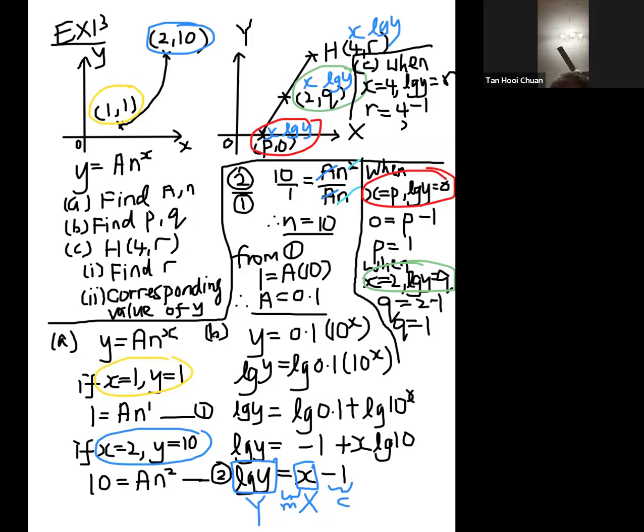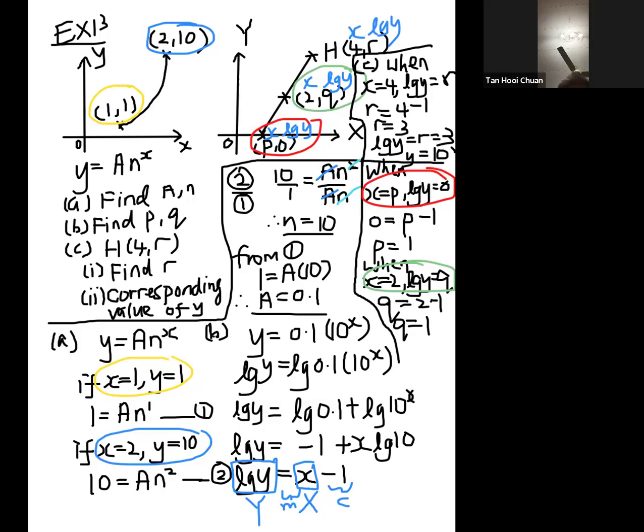What is the corresponding y value? We know lg y equal to R, equal to 3, what we say here. So y, of course, is 10 power 3, 1000. Wow, no space. So you know lg y equal to R. So R is 3.